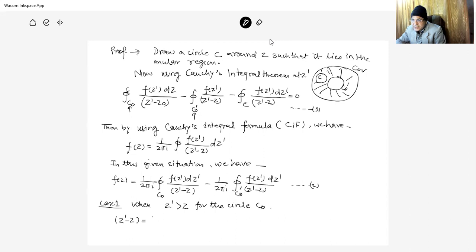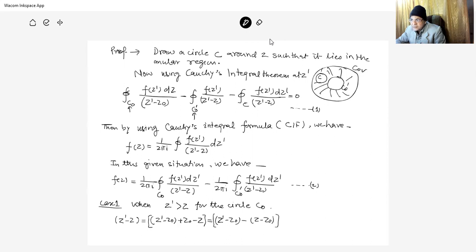This can be written as z' minus z0 plus z0 minus z. The whole expression can be written as z' minus z0 minus z minus z0.